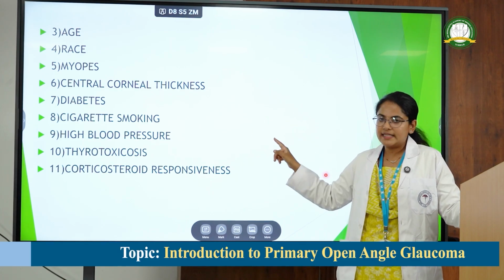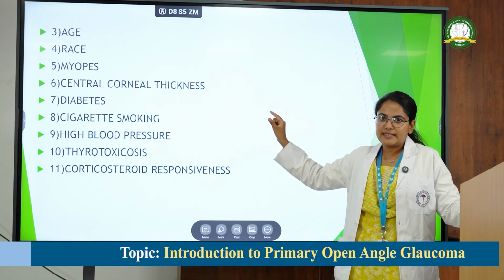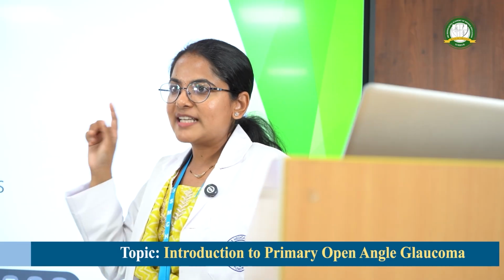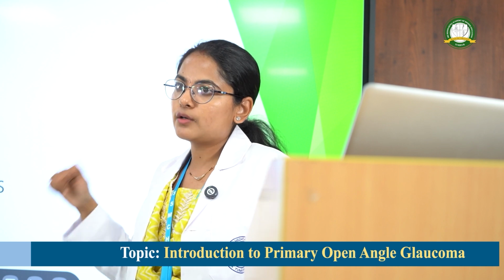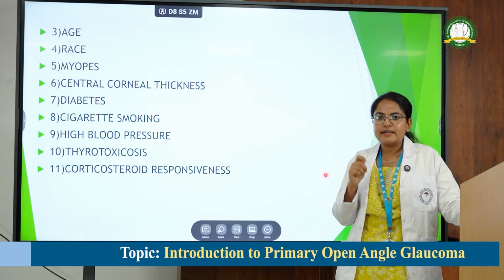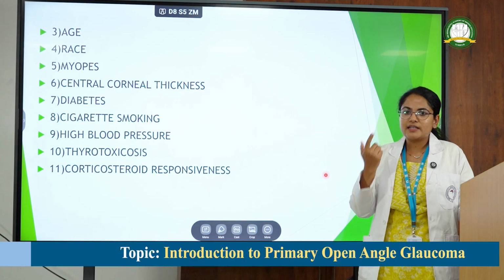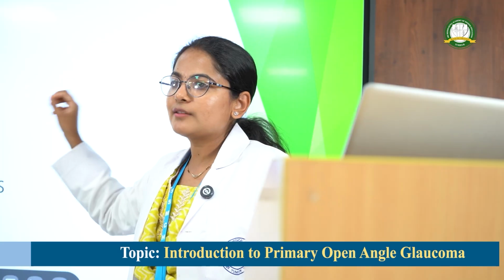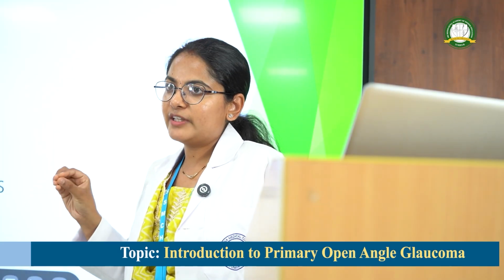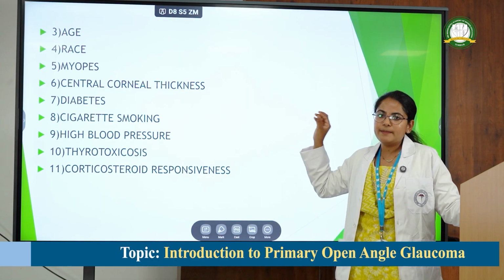Now central corneal thickness. Generally, low central corneal thickness, that is less than 555 microns, what will it cause? It will cause measurement error in the calculation of IOP. Central corneal thickness less than 555 micrometers will give a false depiction of IOP measurement.